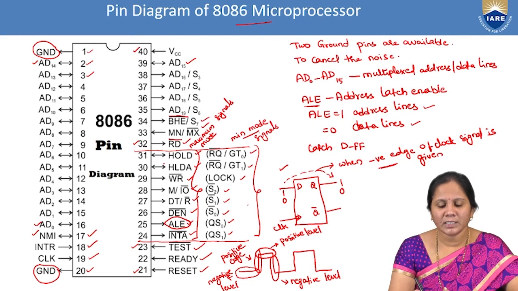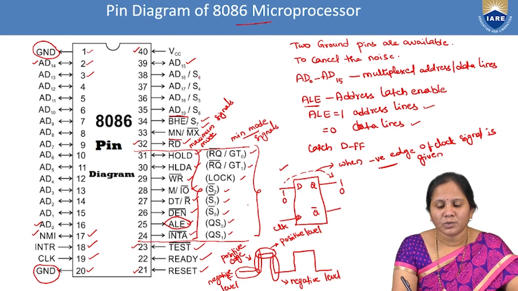The next signal is BHE bar by S7. BHE represents bus high enable, and it is multiplexed with the S7 signal, which represents status information.